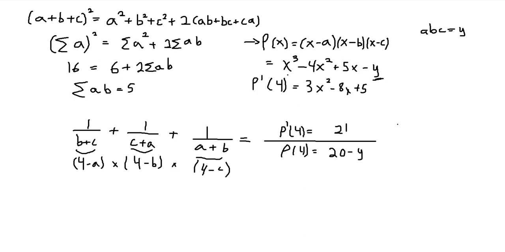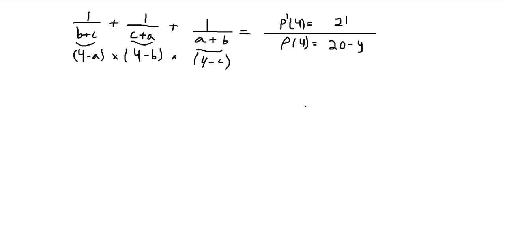So now we have this expression, and like I said, we can multiply everything times a plus b plus c. Why? Because on the right-hand side, we can just multiply by 4, so we'll have 84 over 20 minus y. And on the left-hand side, we will have a over b plus c plus b over c plus a, and so on, right?